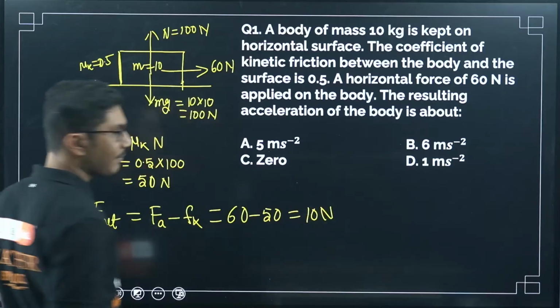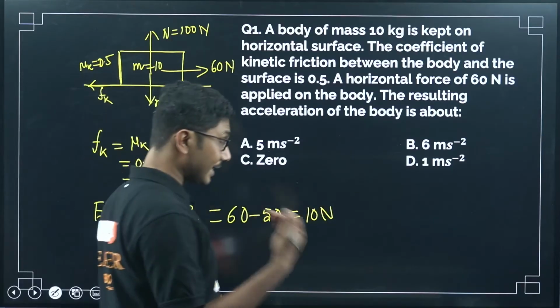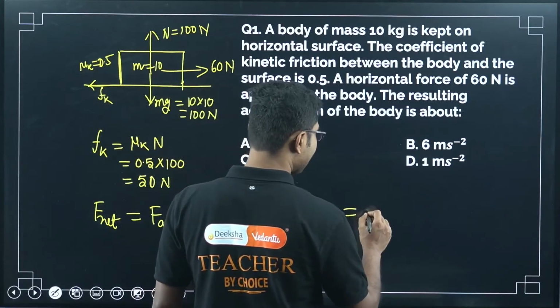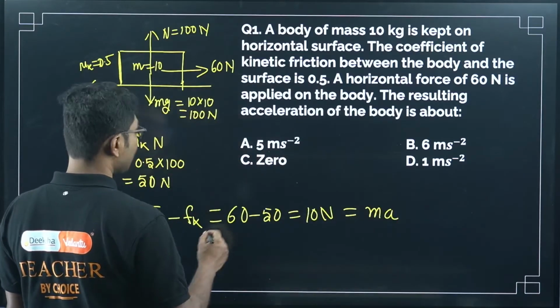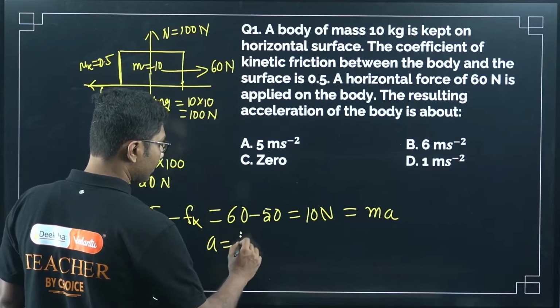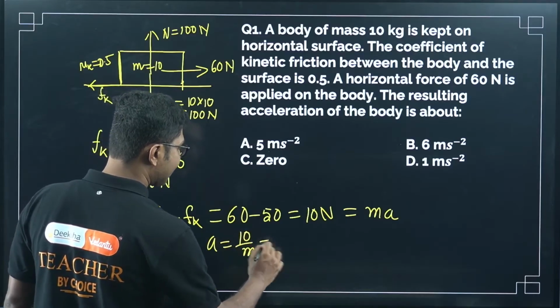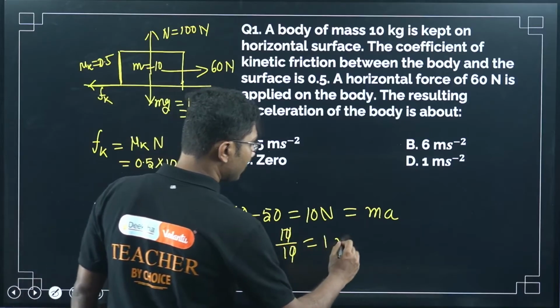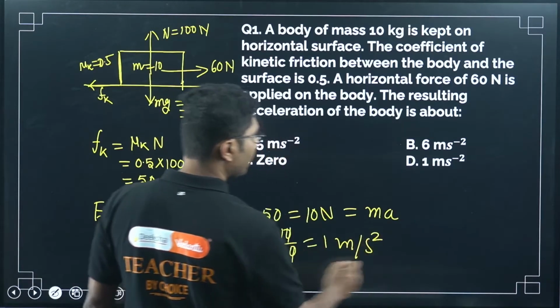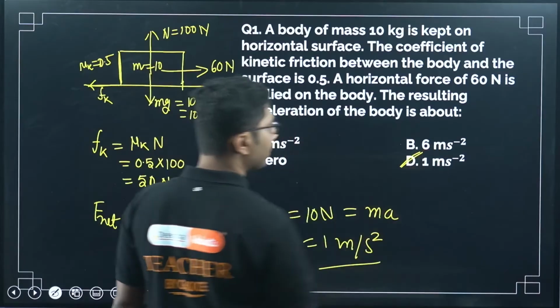Now if the acceleration is a, then F equals m times a, so a is equal to 10 divided by m. Mass is again 10 kg, so it will be 1 meter per second square. So 1 meter per second square is the answer.